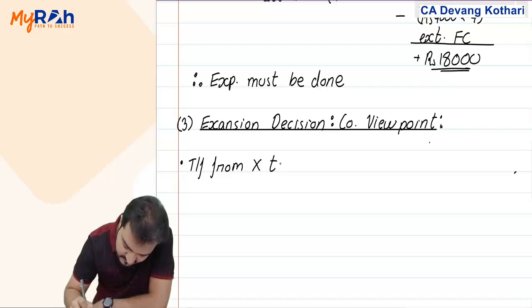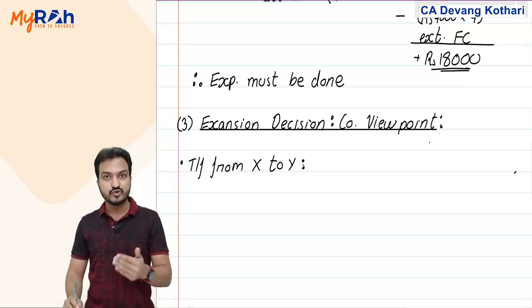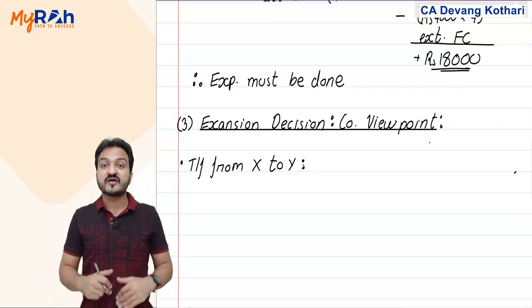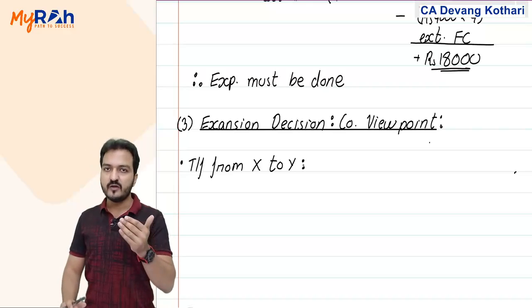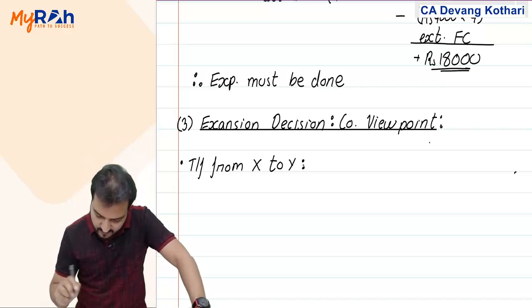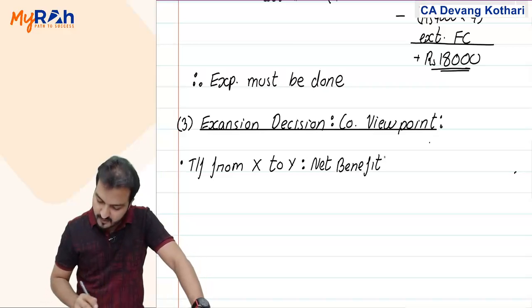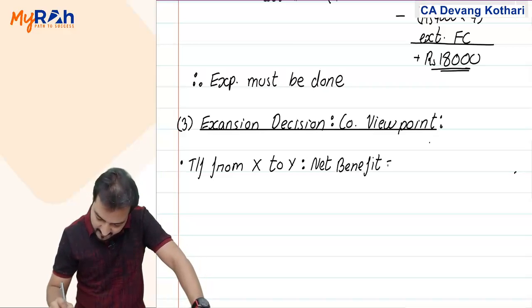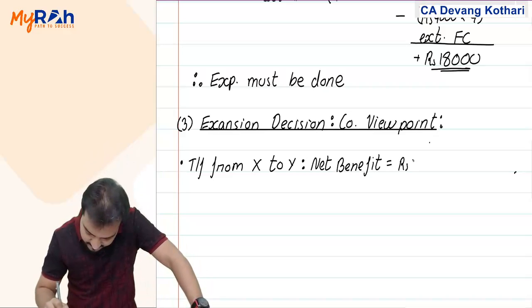If expansion is done, then extra units will be transferred from X to Y. Extra units will also be transferred from X to Z. So from company viewpoint, for transfer from X to Y, net benefit was rupees 14 per unit.